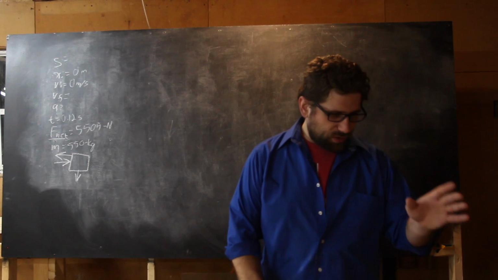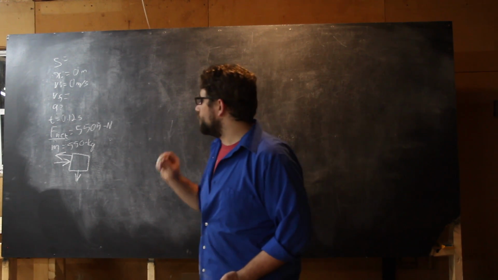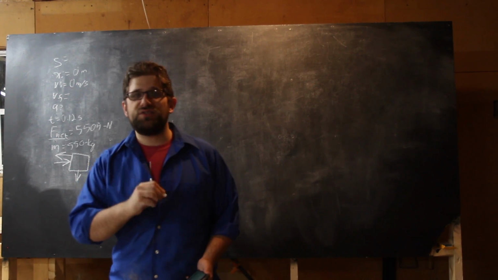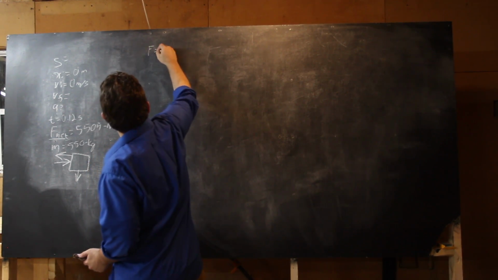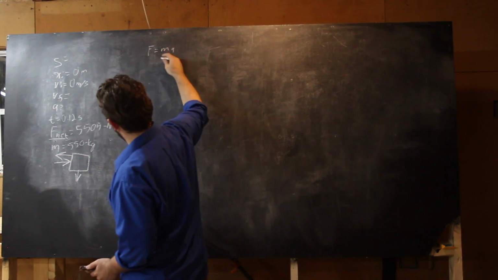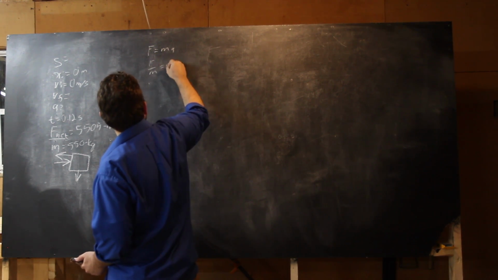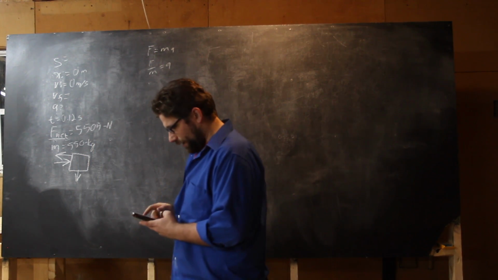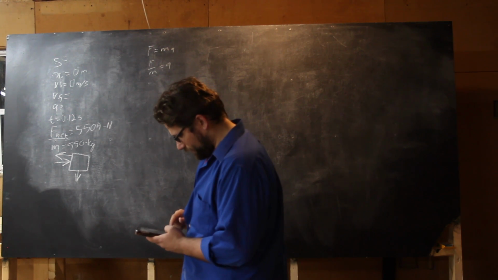All right, so let's go ahead and calculate first our acceleration using Newton's second law, and that is F equals ma. Nice and simple. To find acceleration, we're going to do force divided by mass is equal to acceleration. So we'll do 5,505 divided by 550.